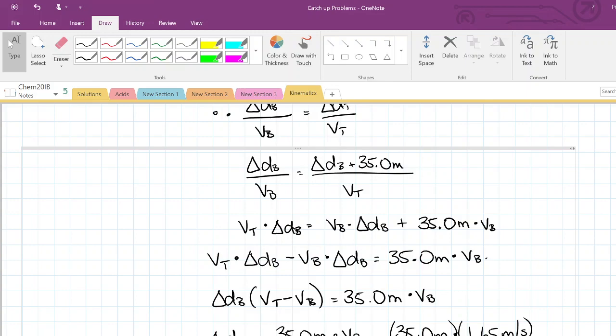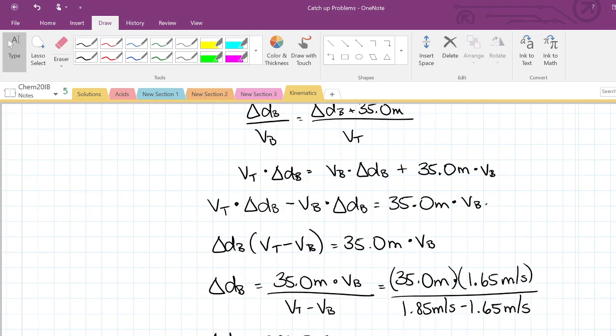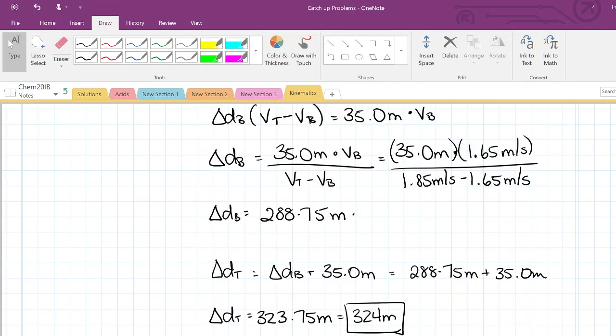So I'll get total distance Bill times speed of Tom minus speed of Bill equals 35 meters times speed of Bill. I'll divide this entire term in the brackets to the other side, and I get that the distance Bill covers is equal to 35 meters times Bill's speed divided by Tom's speed minus Bill's speed. And I'll sub my numbers in with the units, and I solve for distance Bill, which is 288.75 meters.